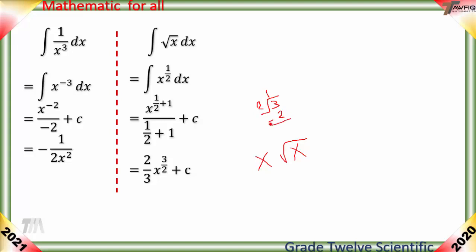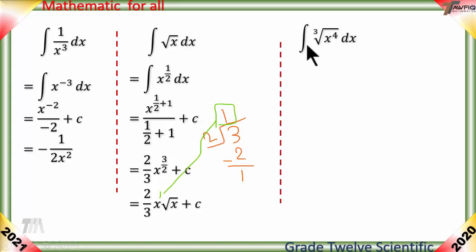By subtracting, 1 remains. The result becomes the power of x outside the square root, and the remainder becomes the power of x inside the root. So it becomes 2 over 3 x square root of x plus c.